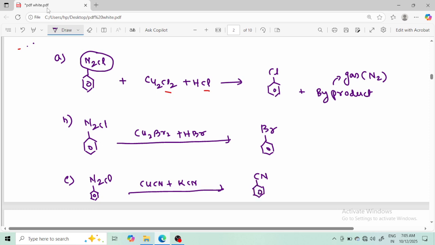Got it? Basically, in the first case we use Cl, in the second case we use the Br part, and in the third case after Cu the part that is there is CN, right? So we'll be using that one. These three reactions are called Sandmeyer's reaction. It's called what? Sandmeyer's reaction.